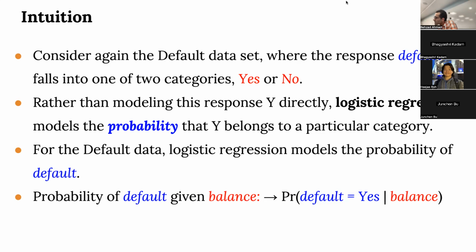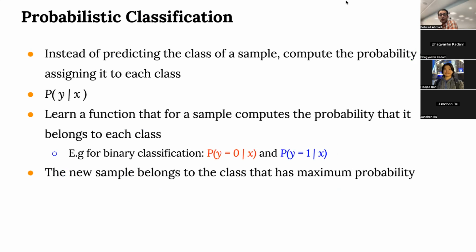Okay, what is specific about probability? A probability is a number between 0 and 1. And obviously, if you're solving a binary problem, if you know the probability of 0, you know the probability of 1. Because it's just 1 minus that.